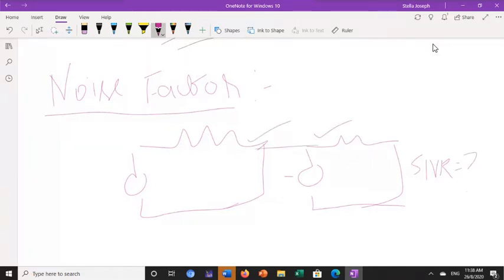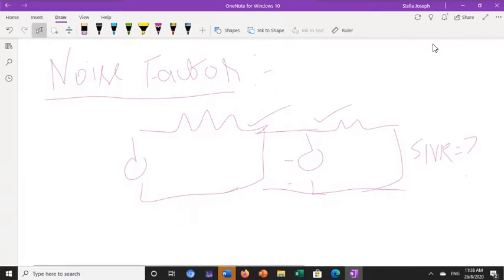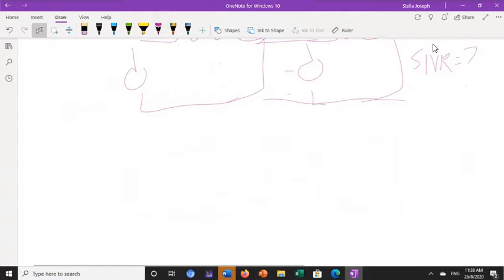When these circuits are connected together, I need to find the overall signal to noise ratio, which is called noise factor. The overall noise ratio when the circuits are connected in series is called noise factor. So we are going to study the formula of noise factor.